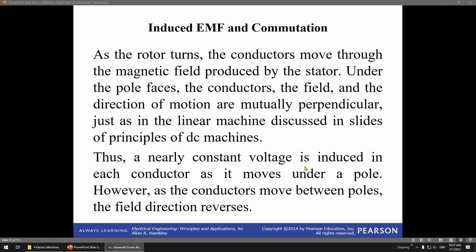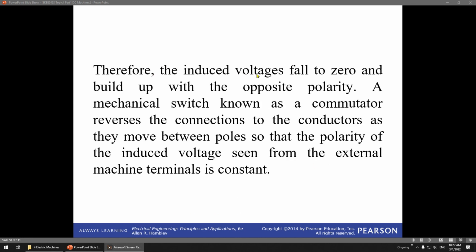Thus, a nearly constant voltage is induced in each conductor as it moves under a pole. However, when the conductor moves between poles, the field direction reverses, so the induced voltage falls to 0 and builds up with the opposite polarity.